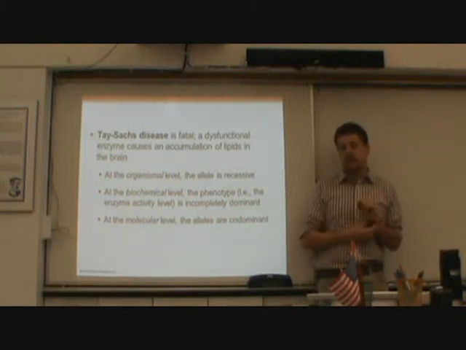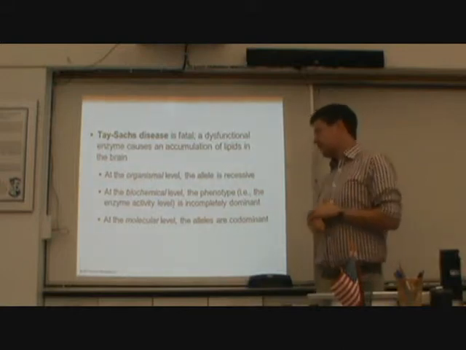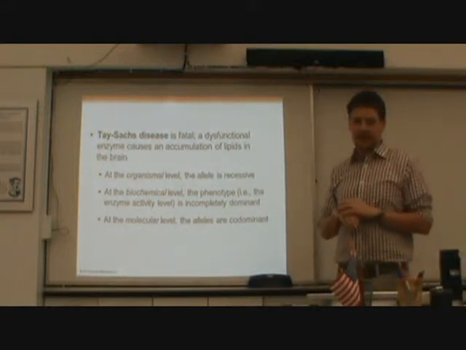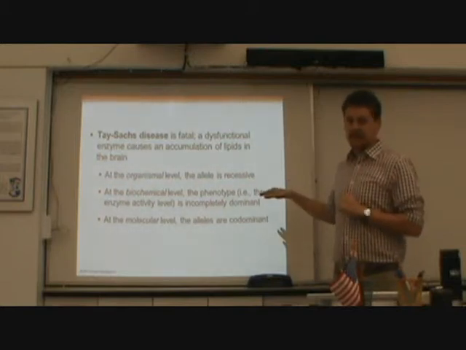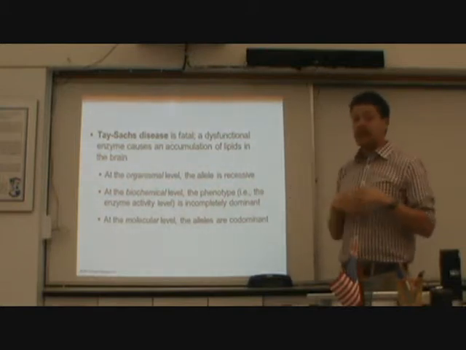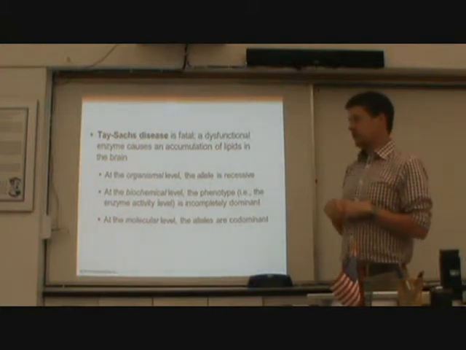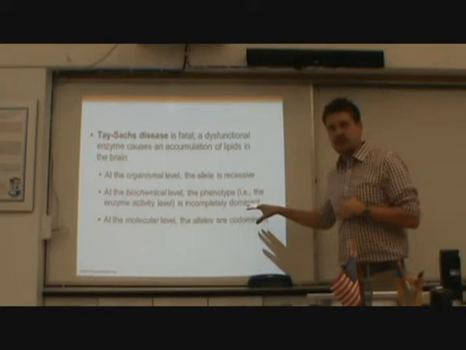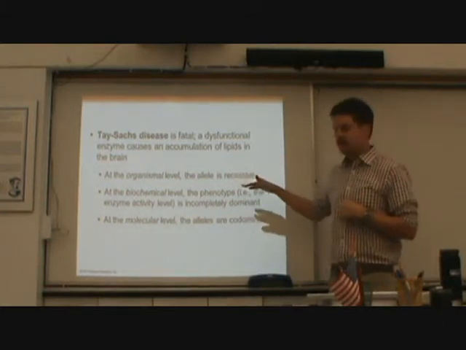So an individual that's homozygous for the normal allele would have higher enzyme activity in their brains than that heterozygous individual. So you would say that's incompletely dominant because individuals who are homozygous for the normal allele have high activity of the enzyme that's breaking down those lipids.